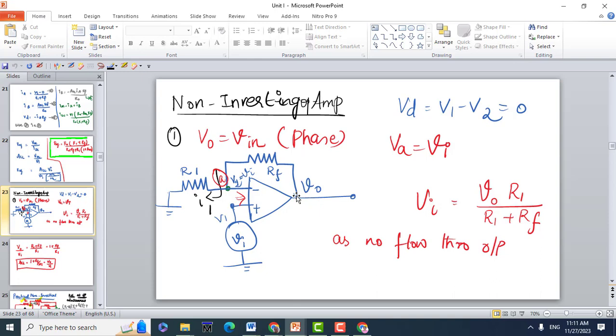If I need to know this Vi, I have the total voltage V naught across this particular resistance, so V naught into R1 divided by R1 plus RF. So this is your non-inverting input voltage.